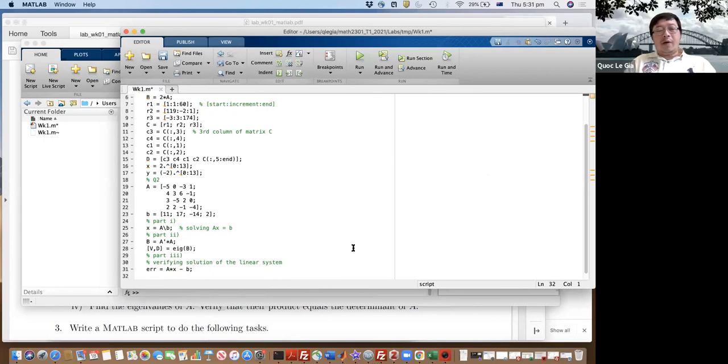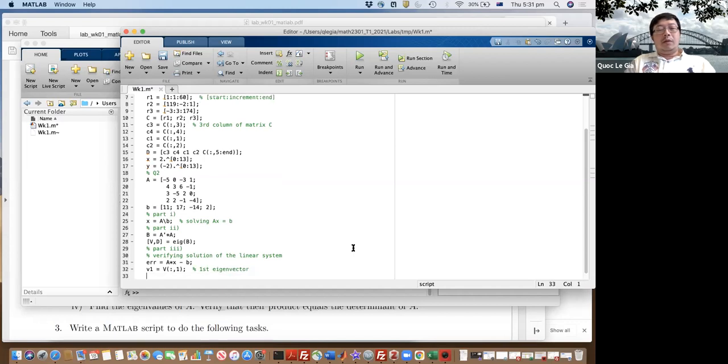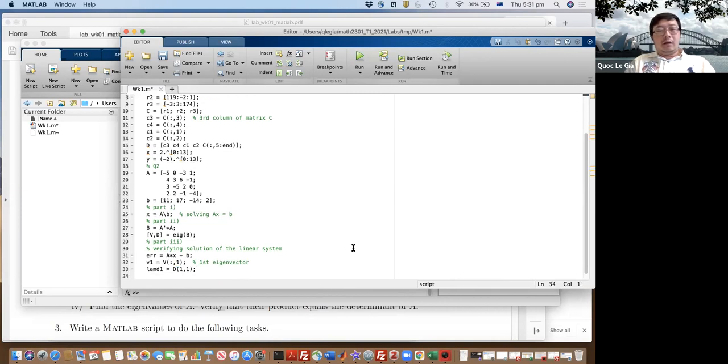Okay, so first we have to take out the eigenvectors. V1 will be the first column of the matrix V, so this is my first eigenvector. And then my lambda 1 will be the first entry of the diagonal matrix, D11.